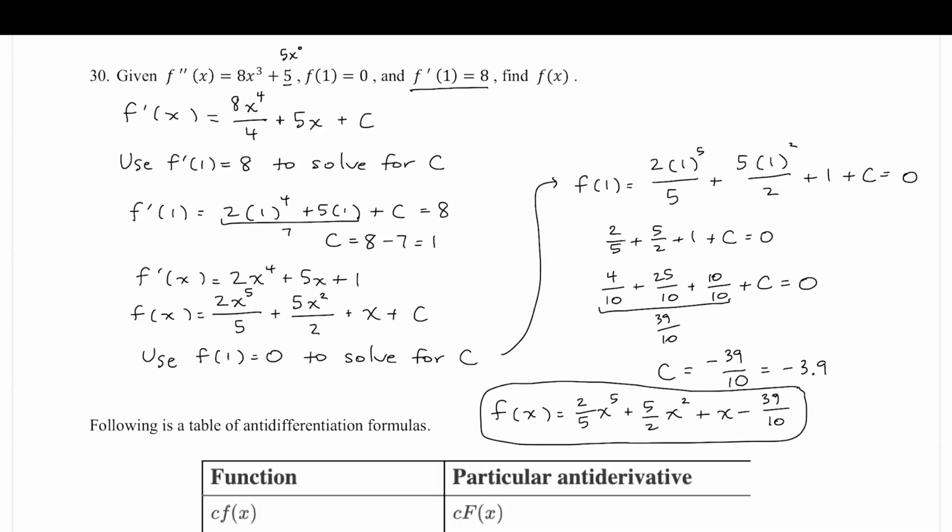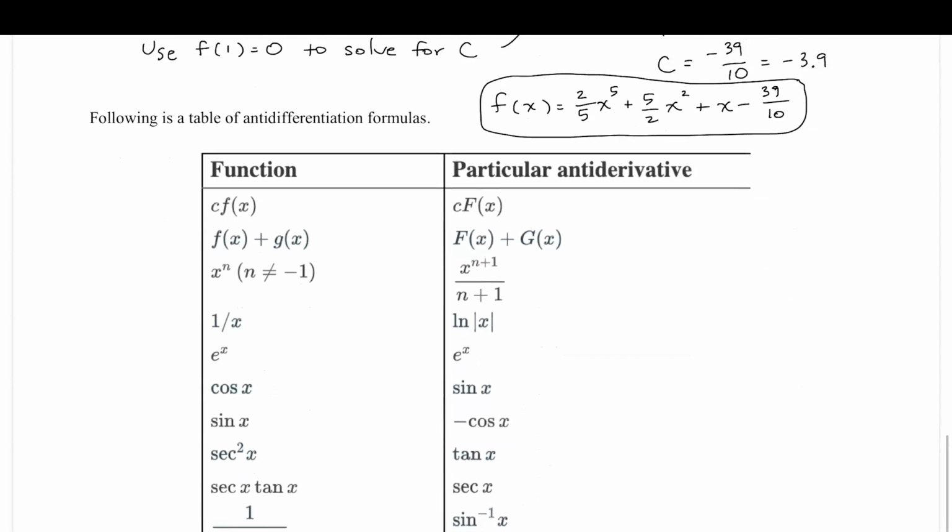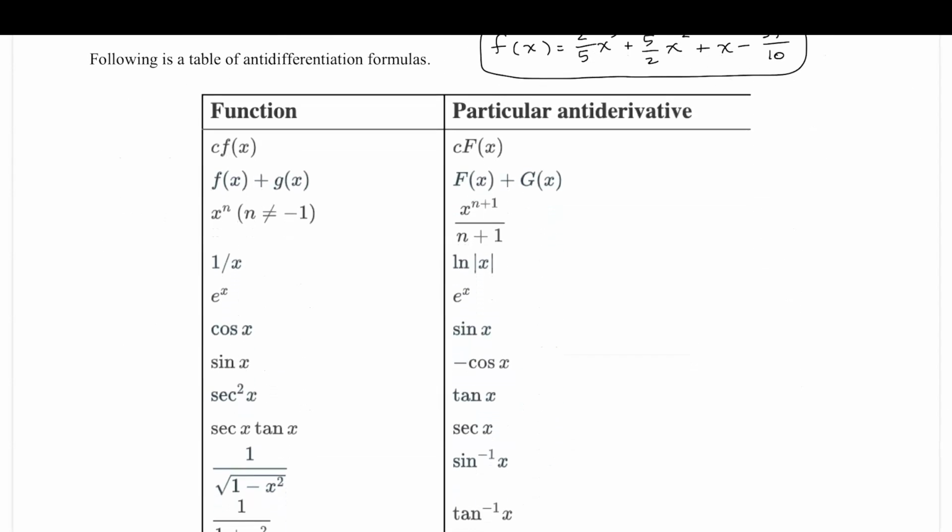And that's my antiderivative. And again, to check your work, you could find f prime and then f double prime and make sure it matches up to what we started with for f double prime as 8x cubed plus 5.